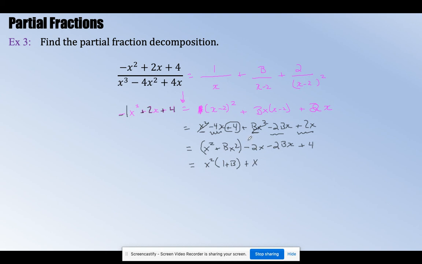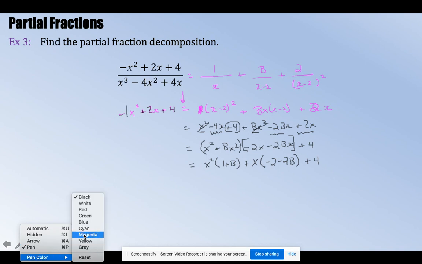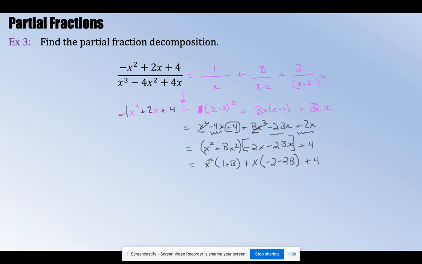Now I want to factor an x out of there, a positive x. And what's left when I factor a positive x? And then plus 4. Now let me do some more color coding. What if I make this x squared purple and I make this x purple?